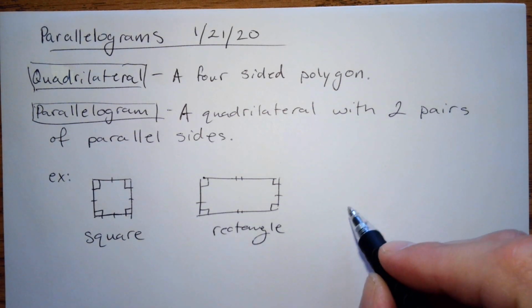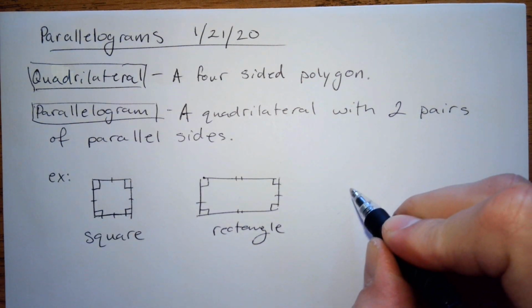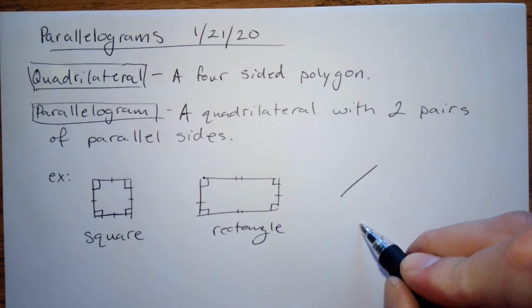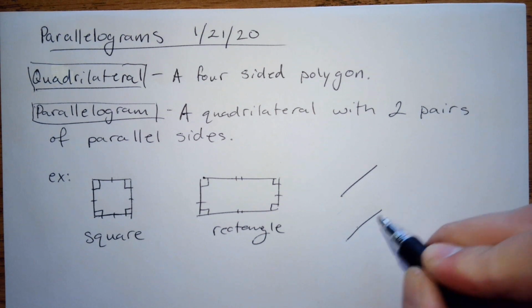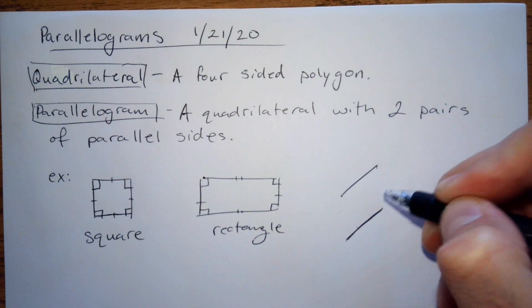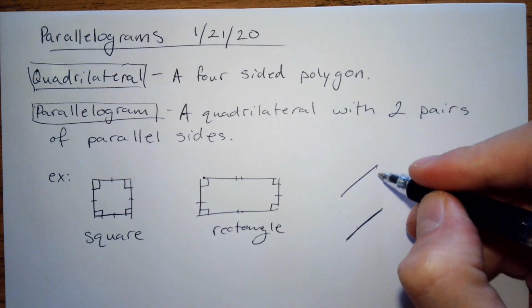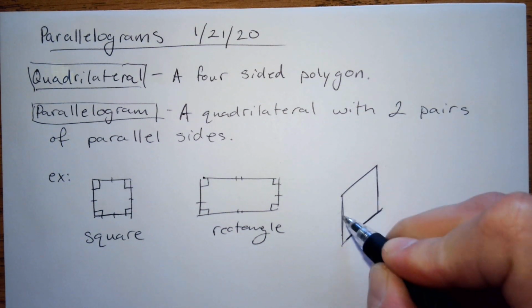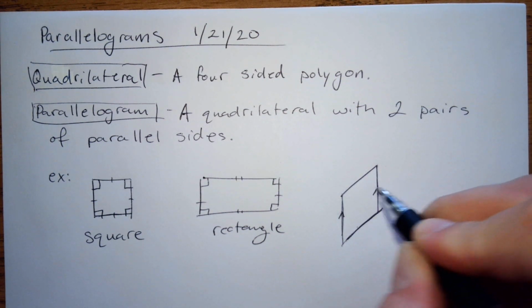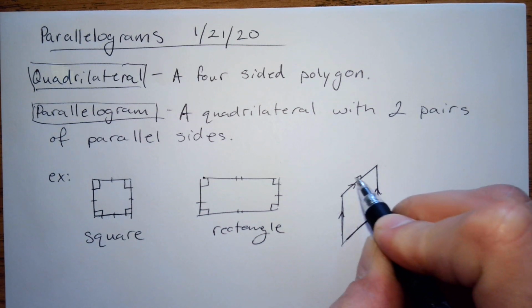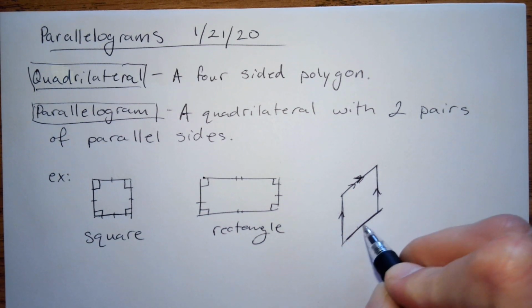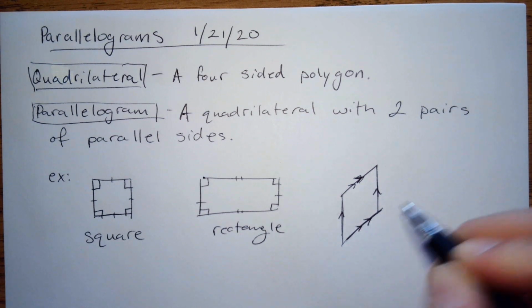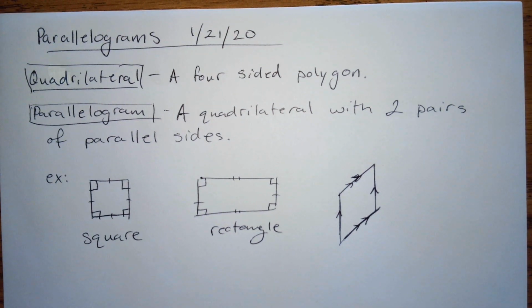And then a diamond that we can do something like this. Try and make them parallel. They'll also be congruent. I didn't put the parallel lines on the other ones because those are ones that we've seen before.